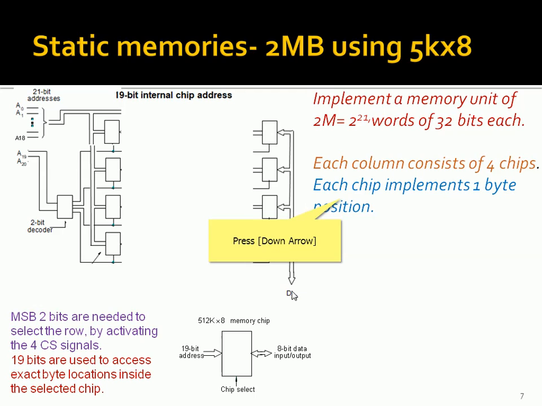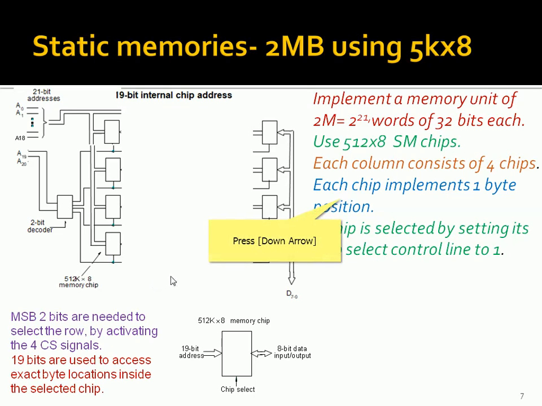So the remaining 2 we can use for the decoder, right? The remaining 2, the most significant bits of that address, will be used for chip identification. So that is a 2-bit decoder. So using 512K into 8 single memory chips, we can formulate this. Each one is a 512K into 8 memory chip.